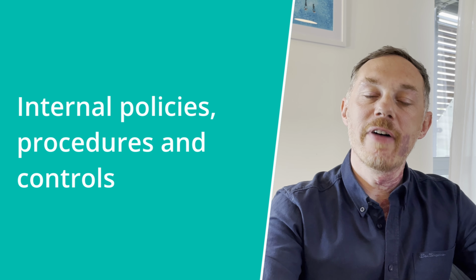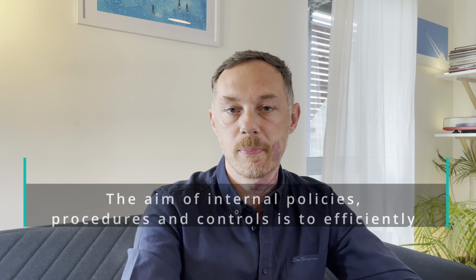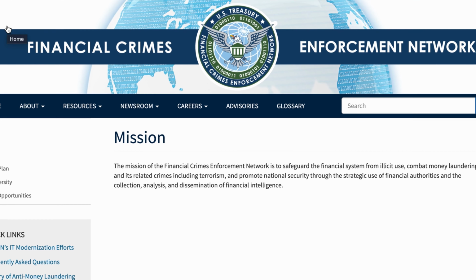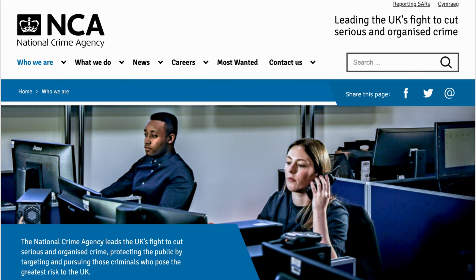The first pillar of an AML compliance program implies that firms must implement internal policies, procedures, and controls. The aim of those is to efficiently monitor suspicious behaviors and ensure any relevant data is shared appropriately with the relevant bodies like FinCEN in the US, for example, or the NCA in the UK.